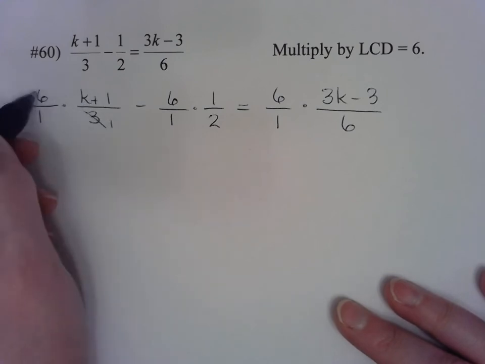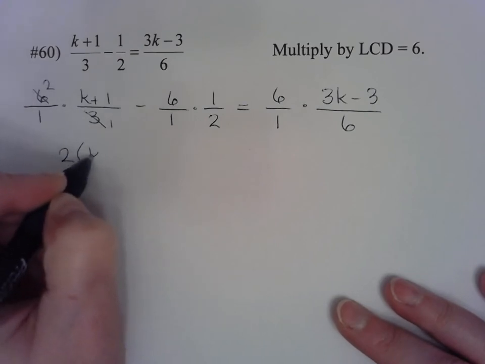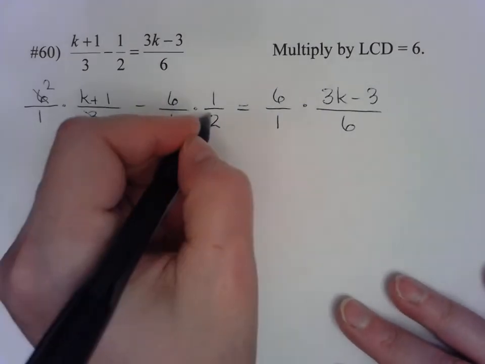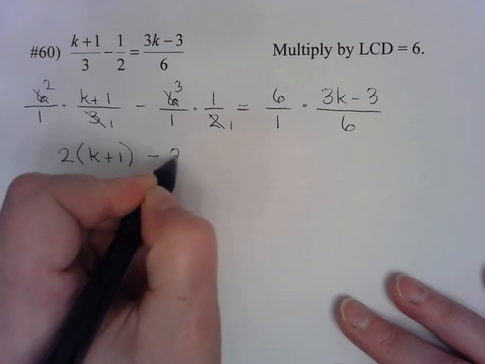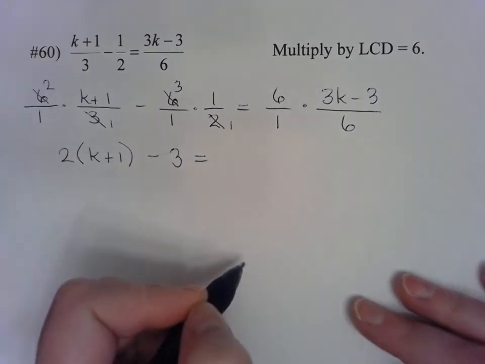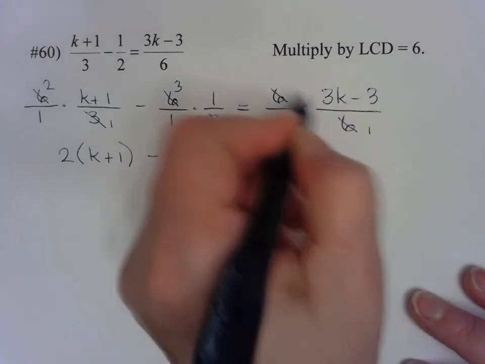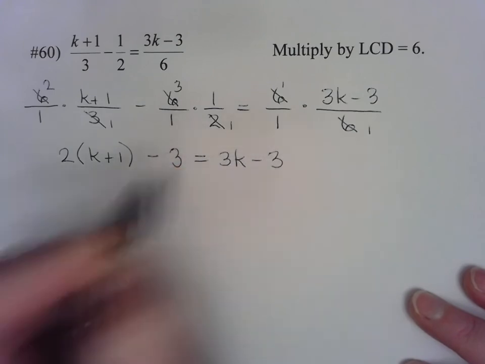So 3 goes into 6 2 times, so this becomes 2 times k plus 1. 2 goes into 6 3 times, so this becomes minus 3. 6 goes into 6 1 time, so this just becomes 3k minus 3.